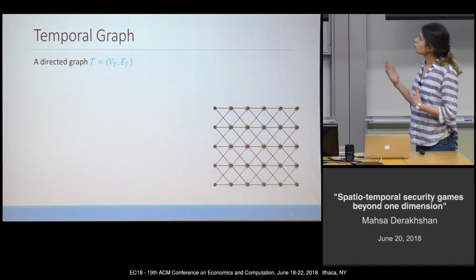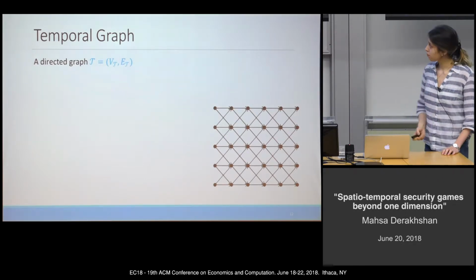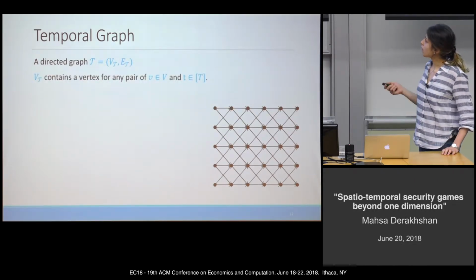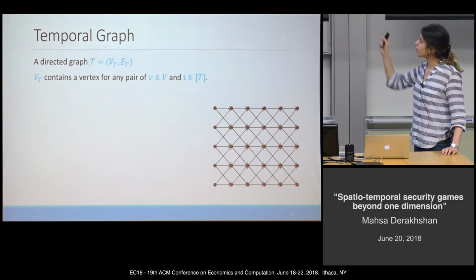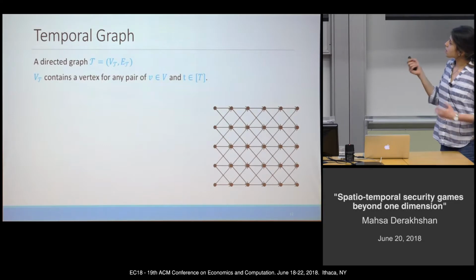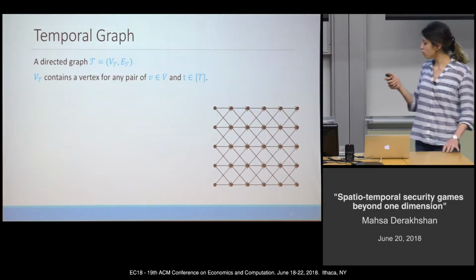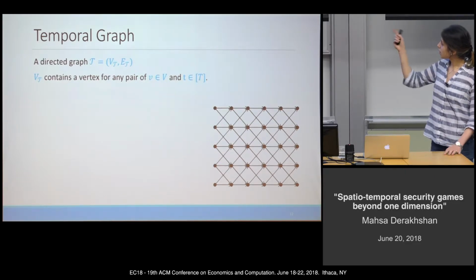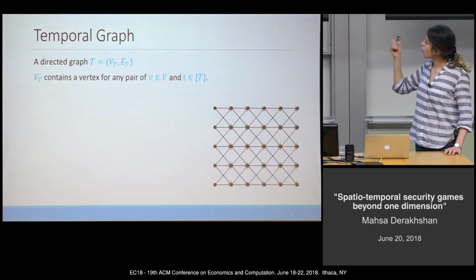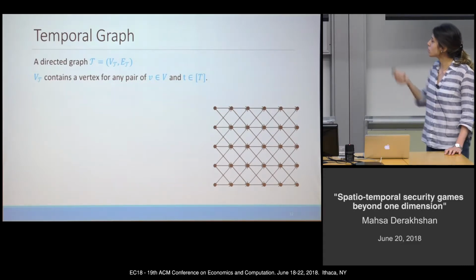I first need to define this temporal graph, which is a directed graph, and it contains a vertex for any pair of spatial position and time. The edges of this graph represent how patrols can move. The columns are a number of time points, and rows here are spatial positions.